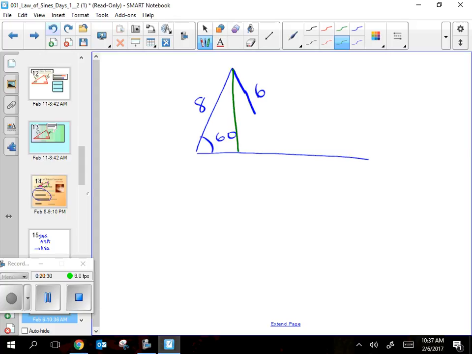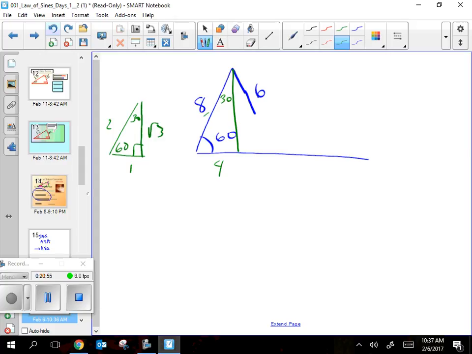If I drop this straight down to make a 30, 60, 90, that's the 30. Then my brain works like this. Okay, across from the 30 is the smallest side, and this is the 8, so that would have to be a 4. How many of you got that figured out? Okay, and if that's a 4 and that's an 8, then the other one is, well, I'm going to draw my little perfect triangle next to it, the 30, 60, 90, in the same orientation as this one is, and this is a 1, 2, square root of 3.